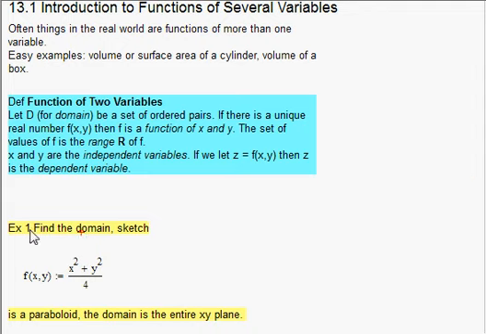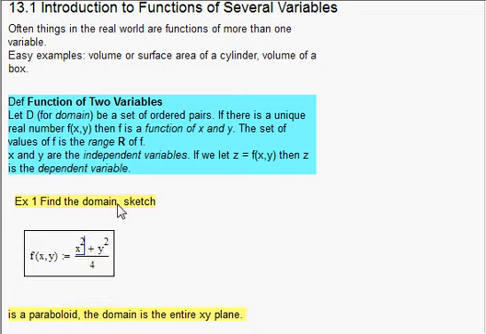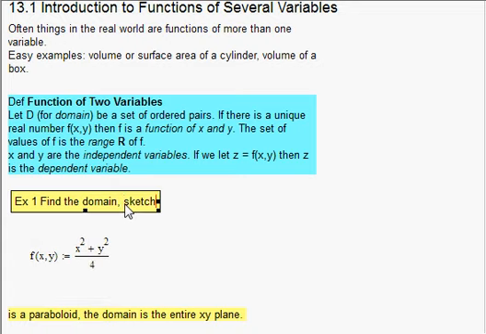Example 1. Find the domain and sketch. And let me add to that, find the domain, I'm going to say range, and sketch.